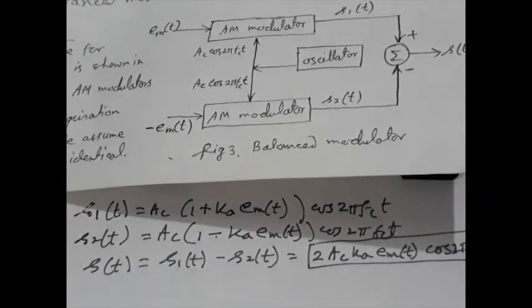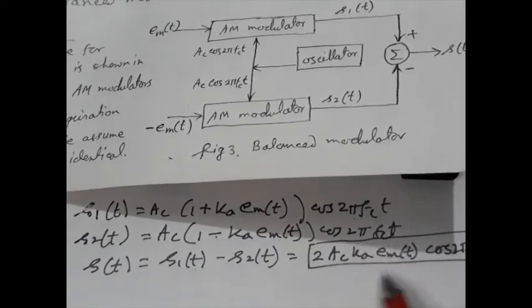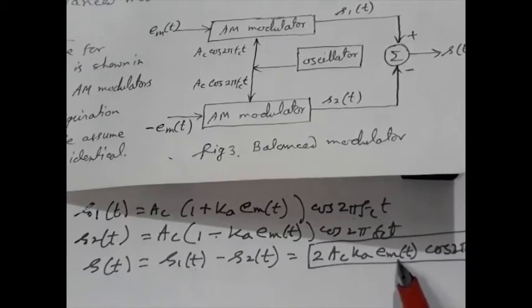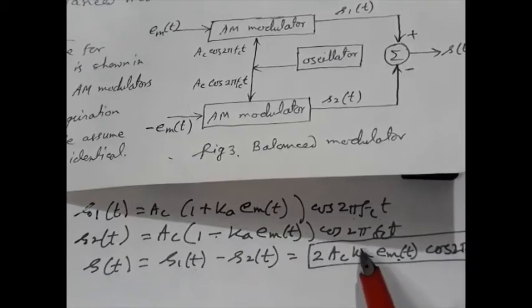If you see this expression carefully, there is no carrier part. The carrier is absolutely nullified. So we have the product of the message signal with the carrier. These are nothing but constants; you can change this constant with the help of an amplifier or attenuator.